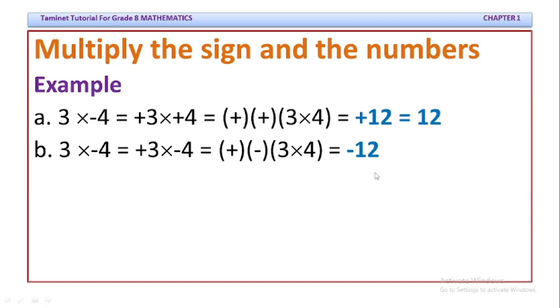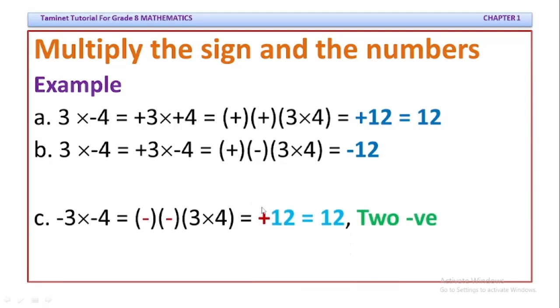Positive times negative is negative. 3 times 4 is 12. Now the product of 3 and negative 4 is what? Negative 12. So during multiplication, first we take the signs of the factors and decide the sign of the product. So this is the way how to determine it.